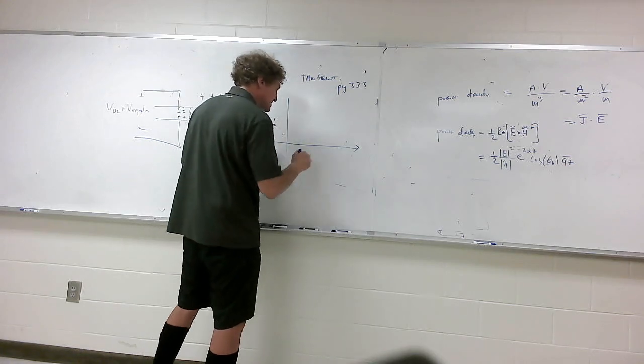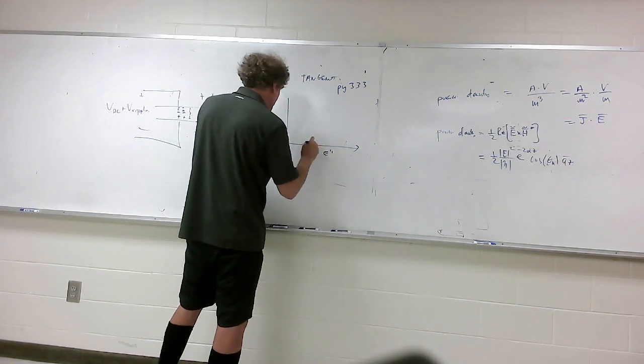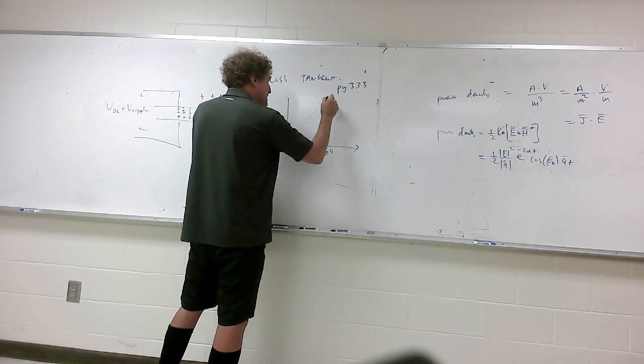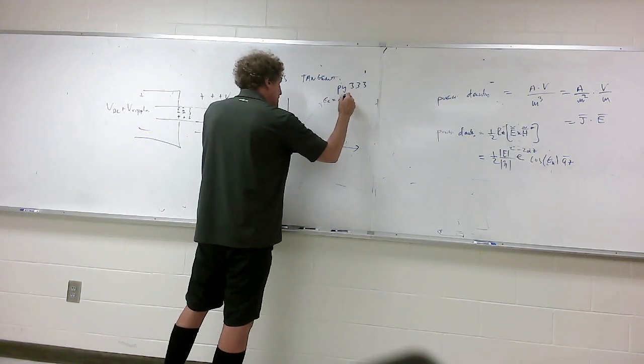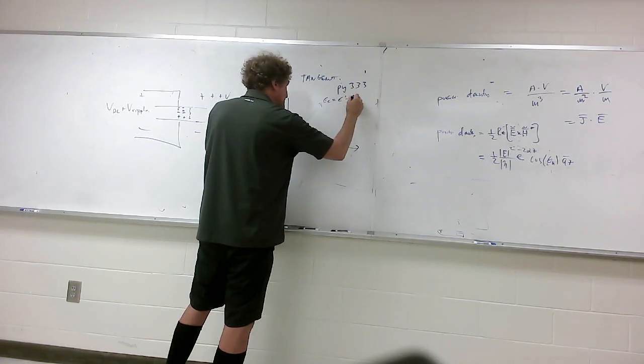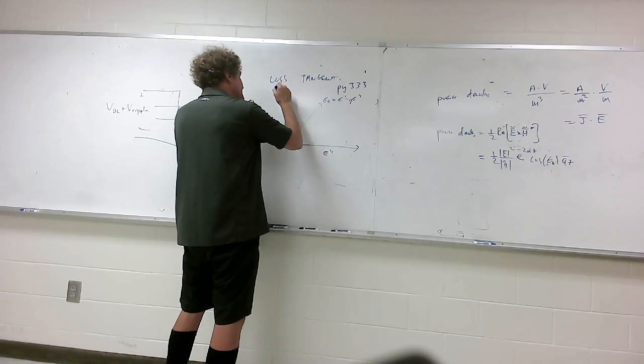I'll just say this is epsilon double prime, this is epsilon prime, and here's epsilon complex, which is epsilon prime minus j epsilon double prime. I should actually have this as the minus j axis.